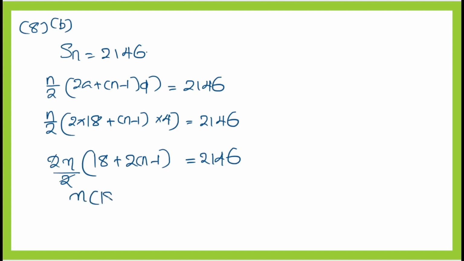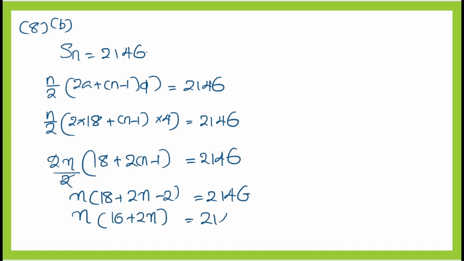Now n times (18 plus 2n minus 2) equals 2146. N times (16 plus 2n) equals 2146. Now expanding the bracket and rearranging, you get the answer as 2n square plus 16n minus 2146 equals 0.